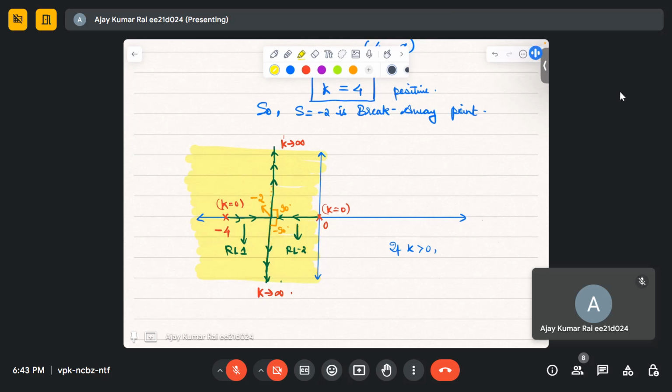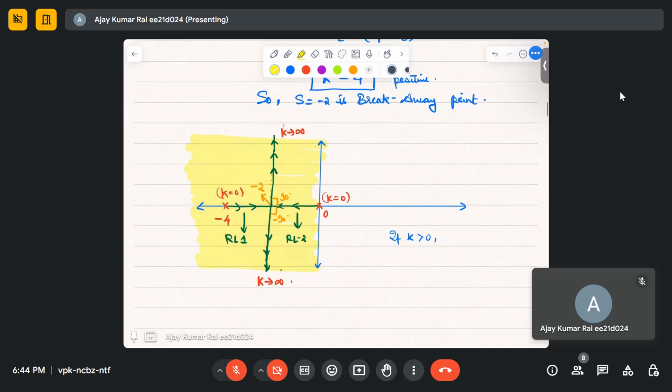Sir, one pole is on the origin. Its effect should be here on stability, sir. You can see, if you put k equal to 0, then it's at the origin. If you put k greater than 0, then it will not be on the origin.